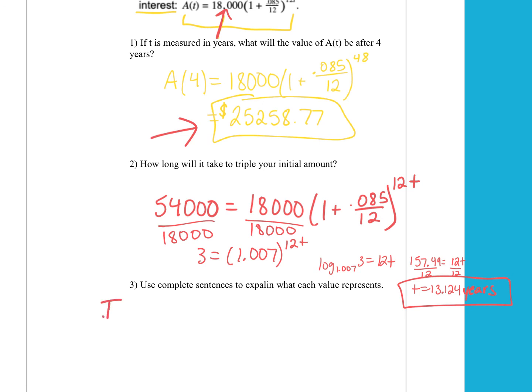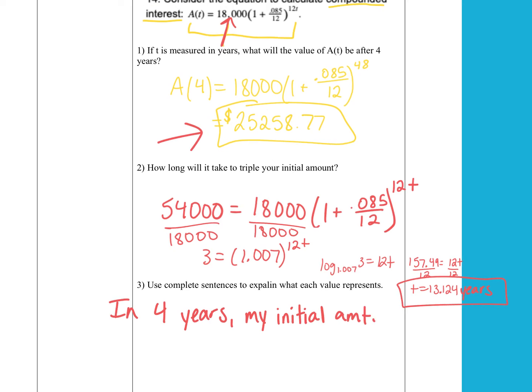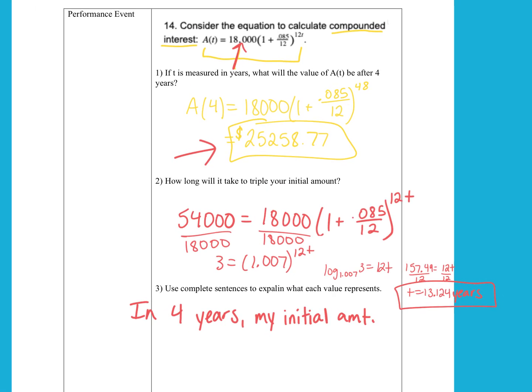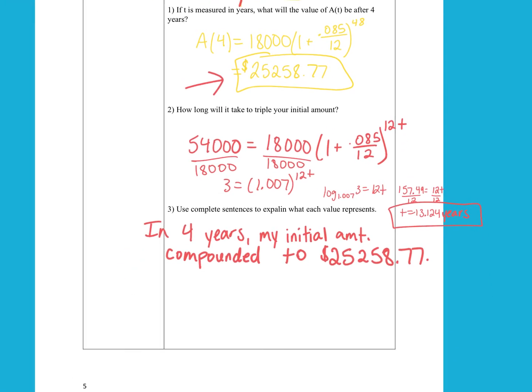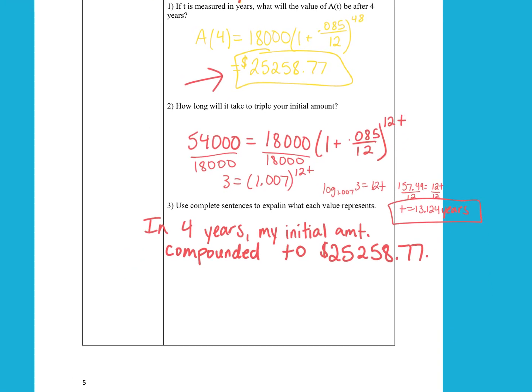So in 4 years, my initial amount compounded to $25,258.77.